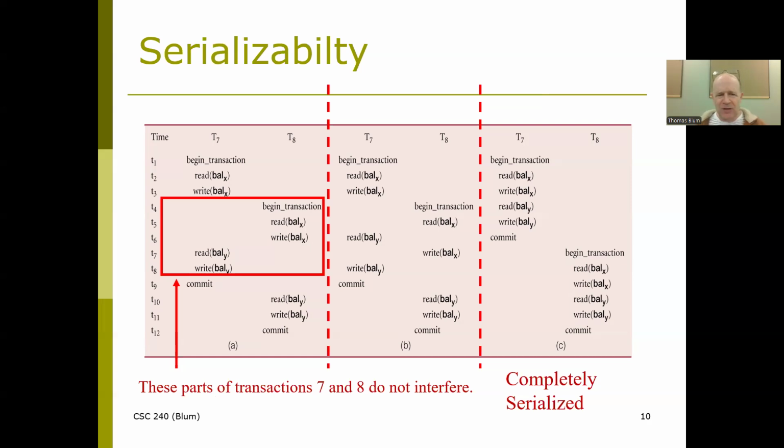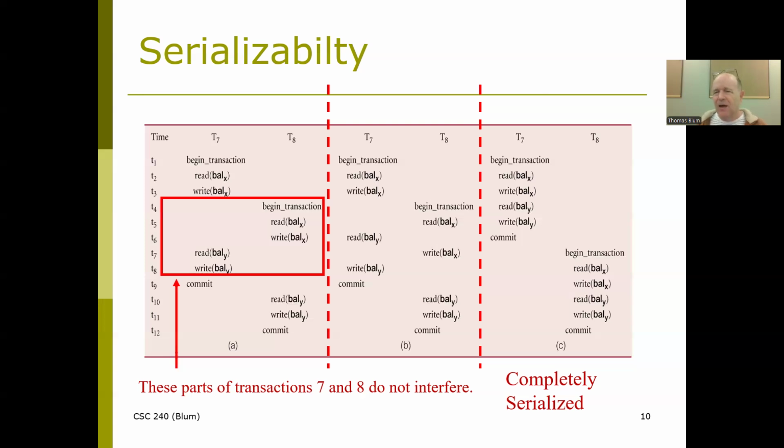So here, transaction 7 is looking at balance X. It's reading balance X and then writing it. And then at that stage, transaction 8 comes in and it's going to do something with X, read it and then write it, some change to the balance.